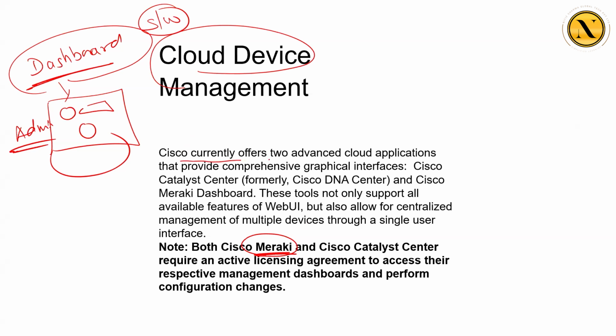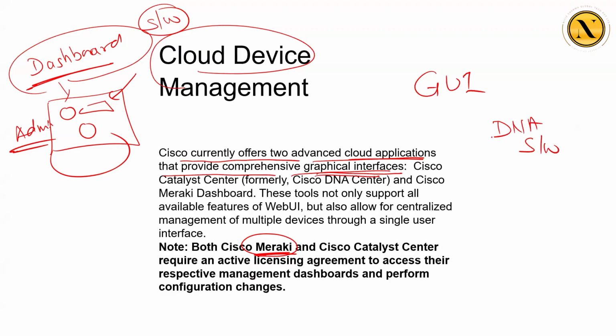So Cisco currently offers two advanced cloud applications that provide comprehensive graphical interfaces. So we are talking about GUI now, right? Not CLI. And of course, when we get into automation, we'll be talking about Cisco's DNA Center, Digital Network Architecture.